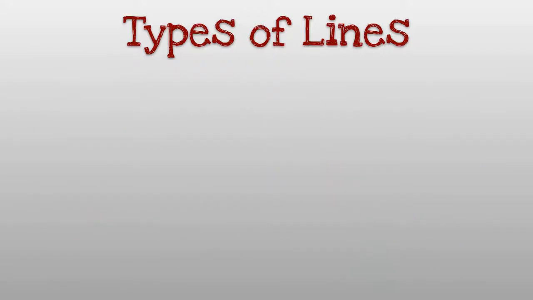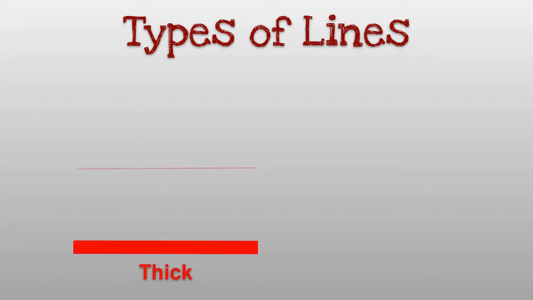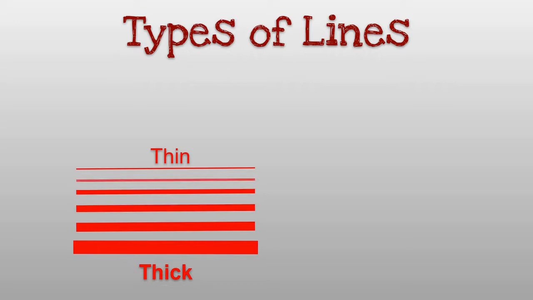We also talk about lines in relationship to whether they are thick or thin. They can be anything in between. Thicker lines are usually considered to be a little bit more heavy, and thin lines are considered to be more light.